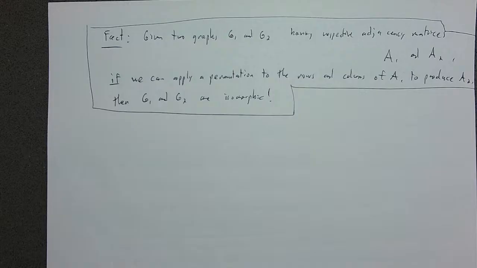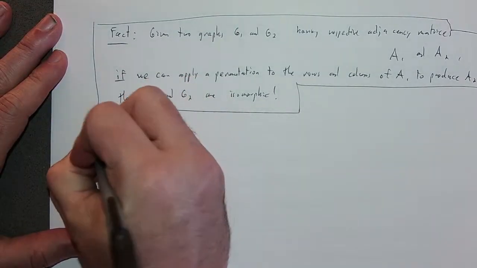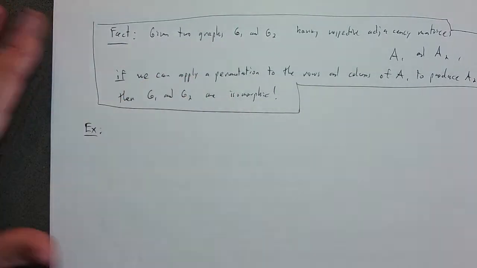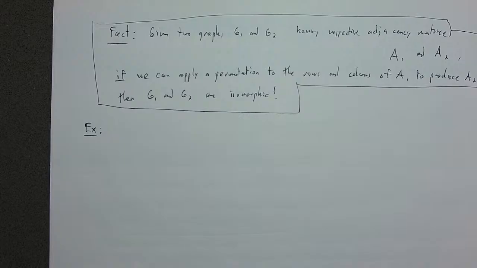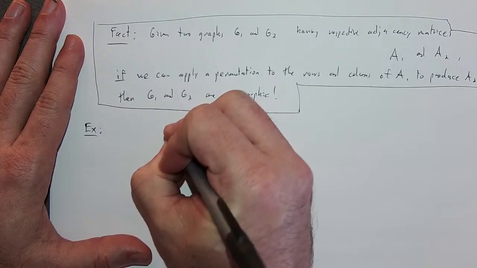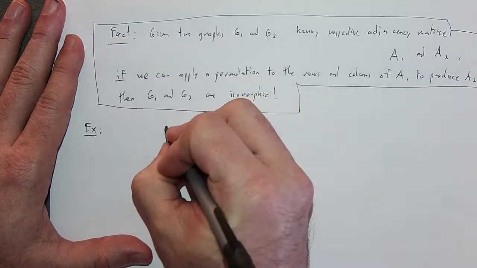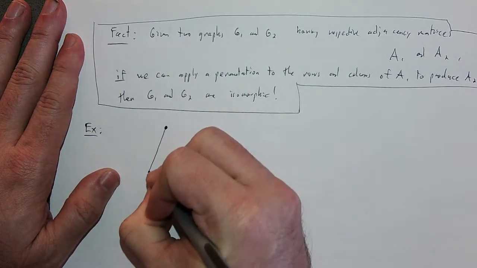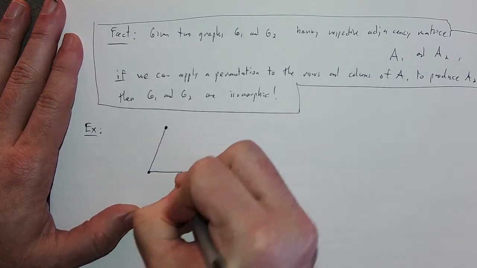Now, I'm going to redo the example from yesterday, except I'm going to do it slightly differently. There's going to be one more edge in this example than the one from yesterday. So the graph from yesterday, I had this picture.